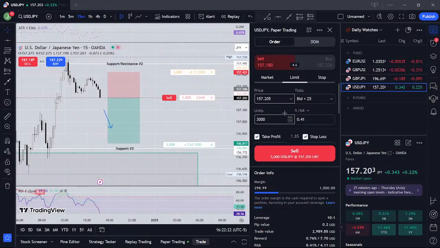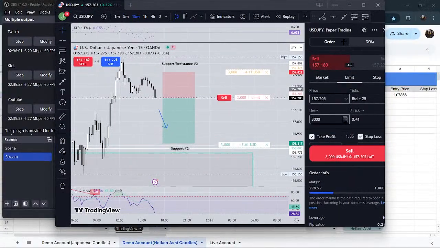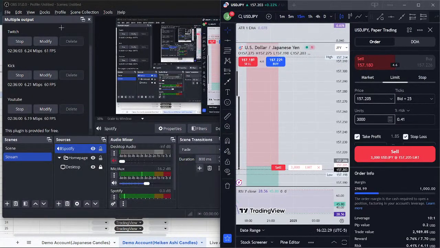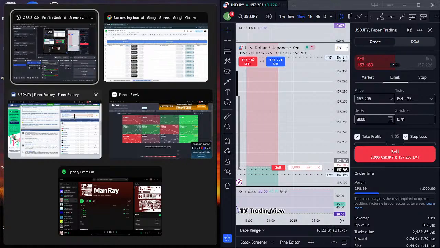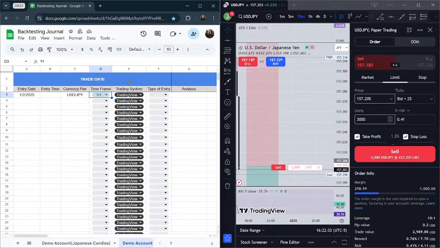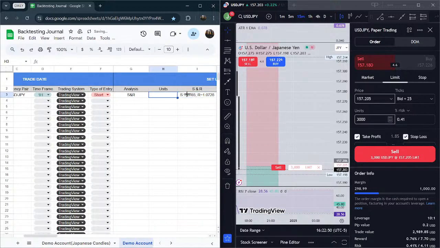Pull up your journal to see how I'm looking. Oh, going short. Same thing with the support and resistance. Units are going 3K.